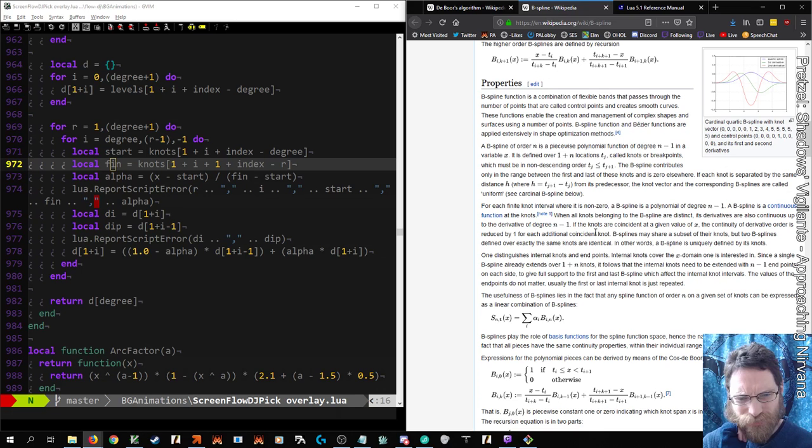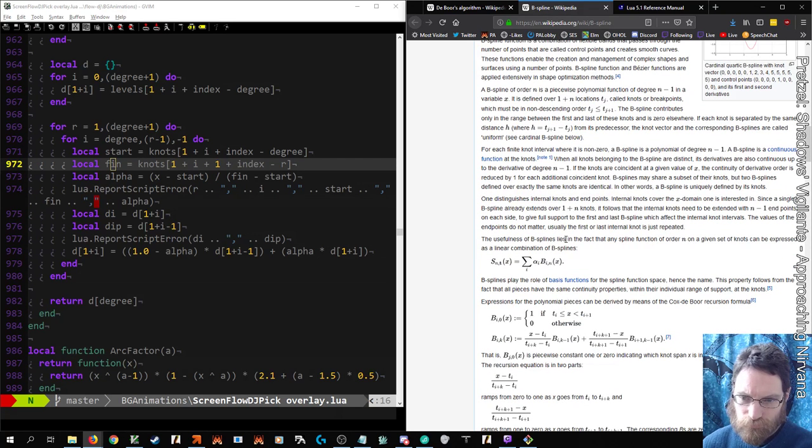Is it always plus 2? I thought it increased with the degree. Weight times that.